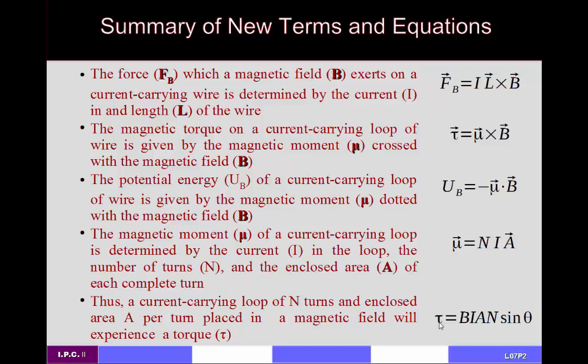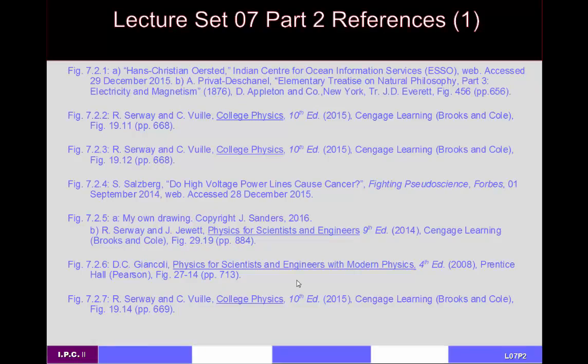And so basically the torque that is applied to a current carrying loop of n turns with an enclosed area of A per turn will be torque equals magnetic field strength times current times enclosed area times number of loops times sine of theta, where theta is the angle between the area vector and the magnetic field vector.